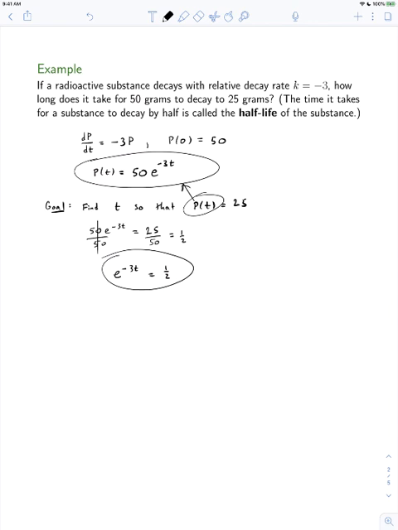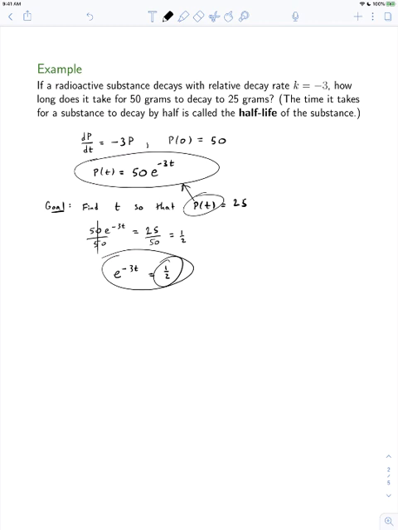Notice that there's actually no evidence here that you started with 50 and you're trying to end up with 25 grams. The only thing that matters is that it's half of the original amount. And in fact, it doesn't matter how much you start with. The half-life is the same. If you start with 50 grams or 100 grams or any other amount, the time that it takes to halve that is always the same.